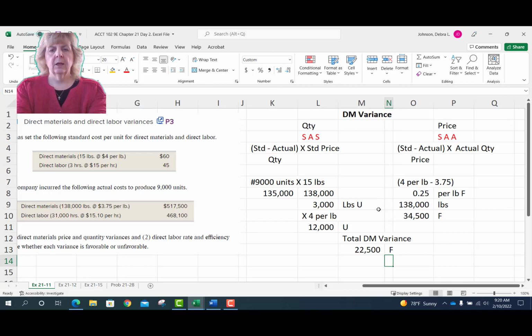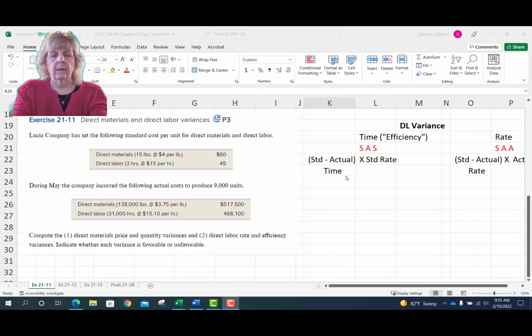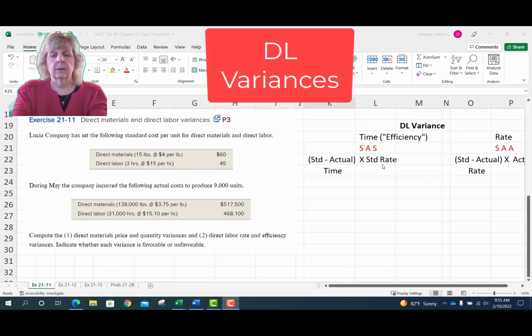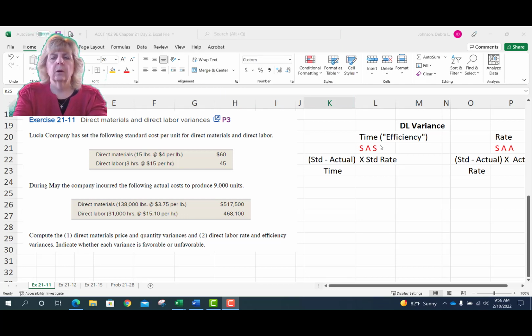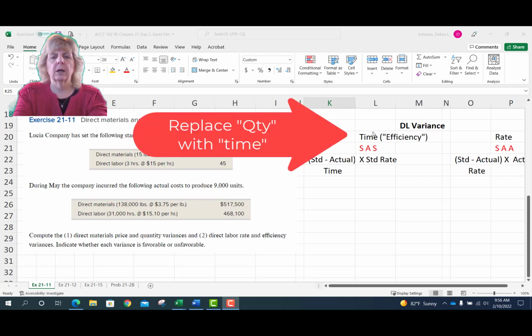Okay, pause the video for a second, and we'll take a look at the direct labor variance next. The formula is exactly the same as it was for direct materials. However, when we speak about labor, it's not quantity as much as it is the time.